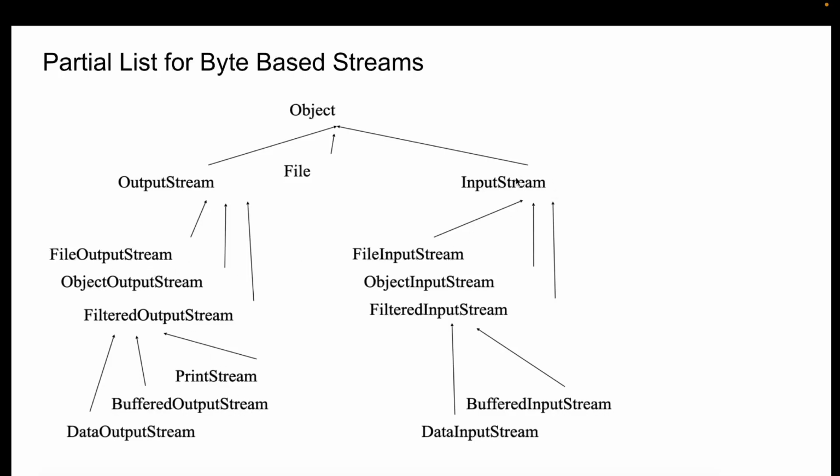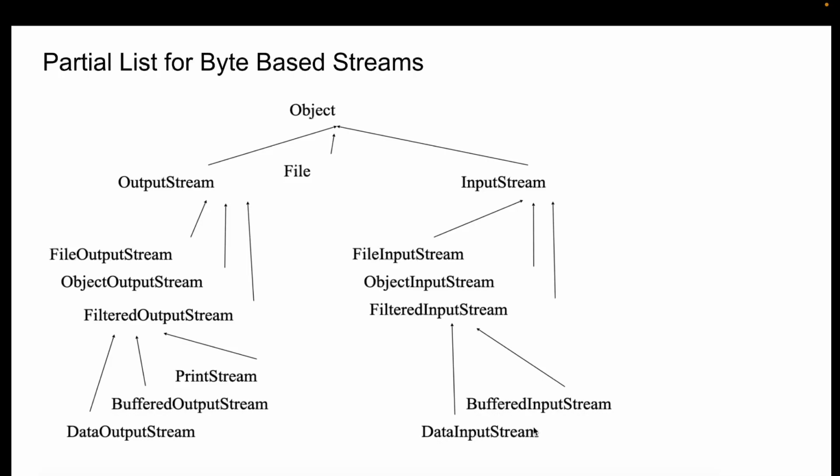And similarly, input stream will help you to read contents. Output stream will help you to write contents to something. Input stream will help you to read contents from some particular source. The input stream classes are basically file input stream, object input stream, filtered input stream, buffered input stream, data input stream.